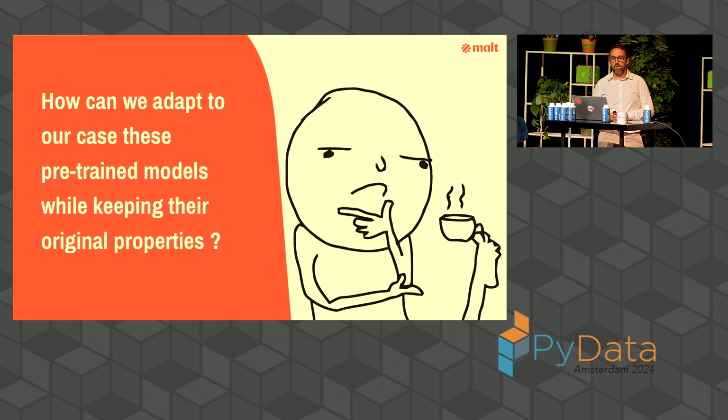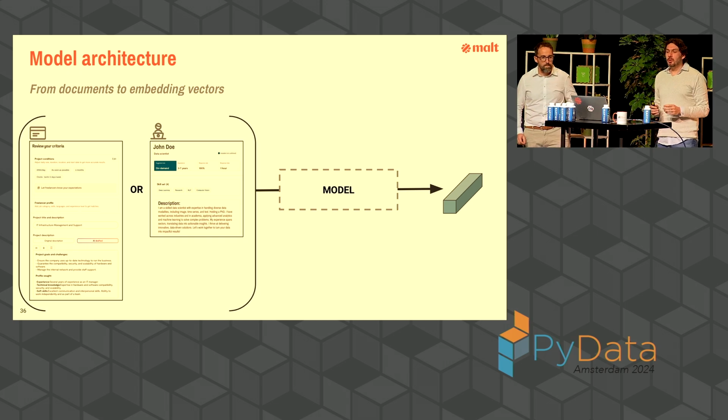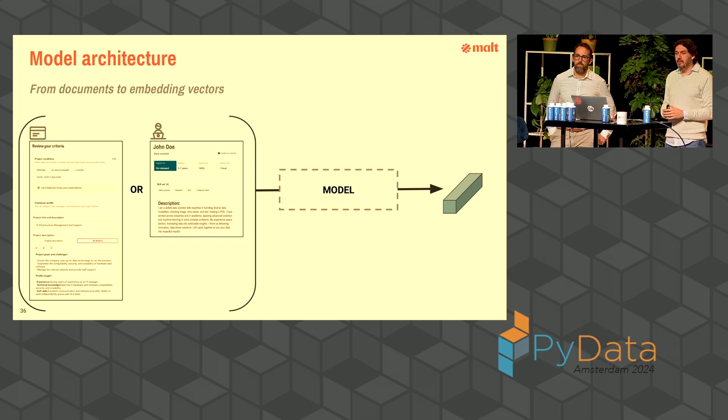So now the next question is, how can we adapt this pre-trained model to our use case while keeping the interesting properties I just mentioned? To build this in-between solution, what we decided to do is to develop our own architecture that is able to process documents, so briefs or profiles, into a unique embedding vector.